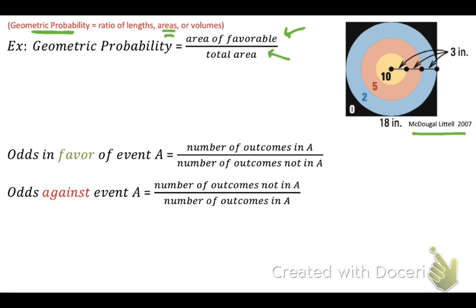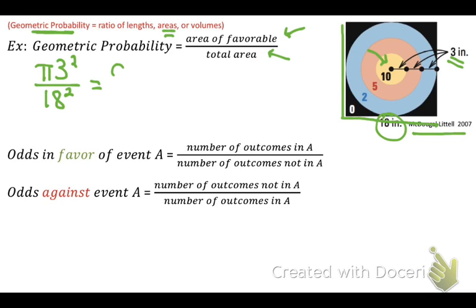So we're going to find the probability that we're going to get in the yellow circle, or get the 10 points. So the area of that yellow circle is pi r squared, and on the side here it says that the radius is 3, so pi times 3 squared over the total area, which includes this outside board, and it said 18, so that's 18 times 18, or 18 squared.